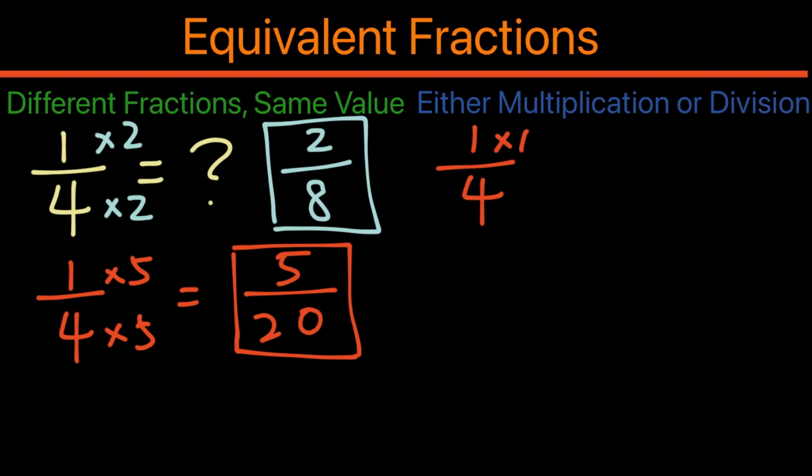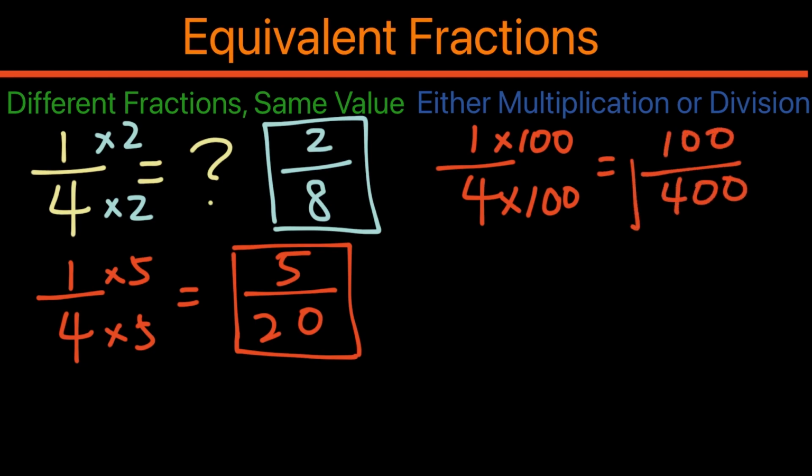If we multiply 1 by 100 and 4 by 100, we would have 100/400. And that is also an equivalent fraction of 1/4. So as you can see, there would be an unlimited number of equivalent fractions because you would be able to multiply by whatever number that you wish to and still be equivalent to 1/4.